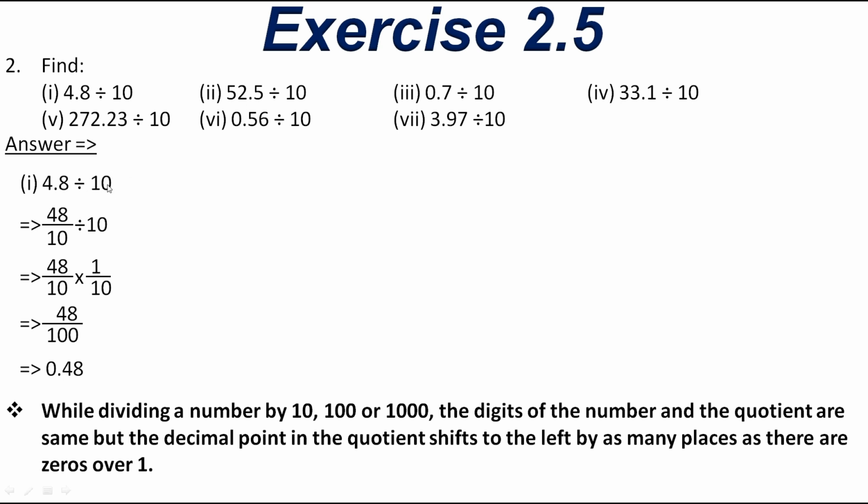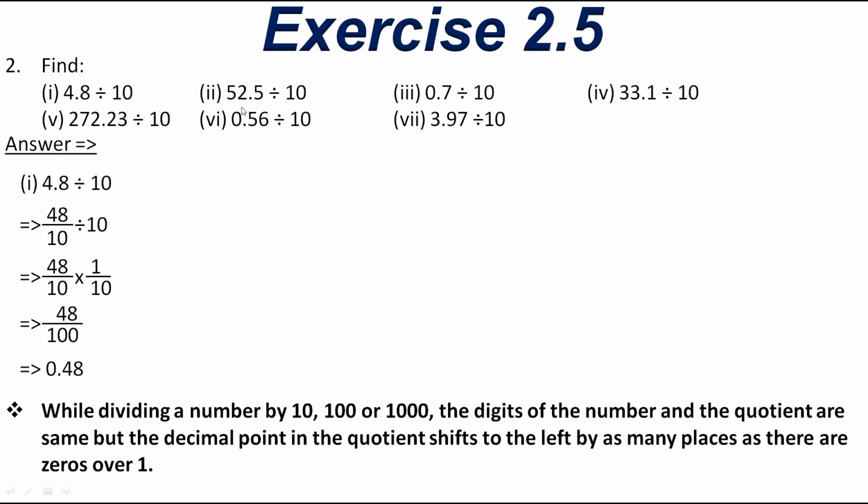And 10 has only 1 zero. That's why the decimal point got shifted by 1 place. And it is also towards the left. So if we follow the rule, there is no need of doing this calculation. So let's follow the rule and solve the remaining questions.